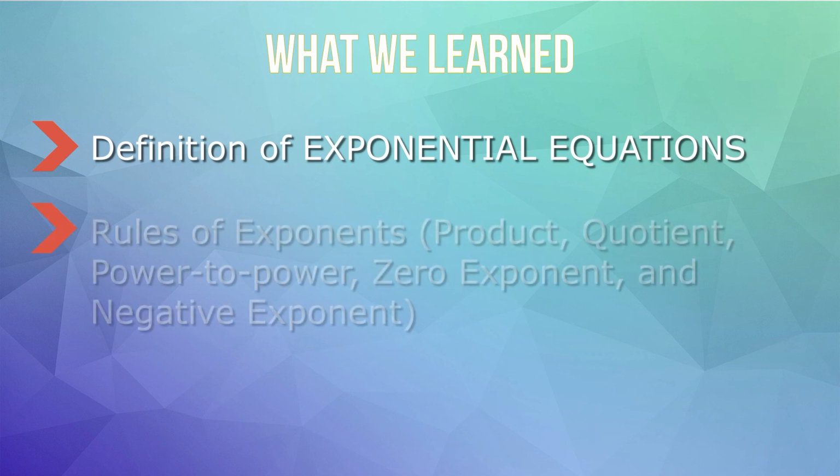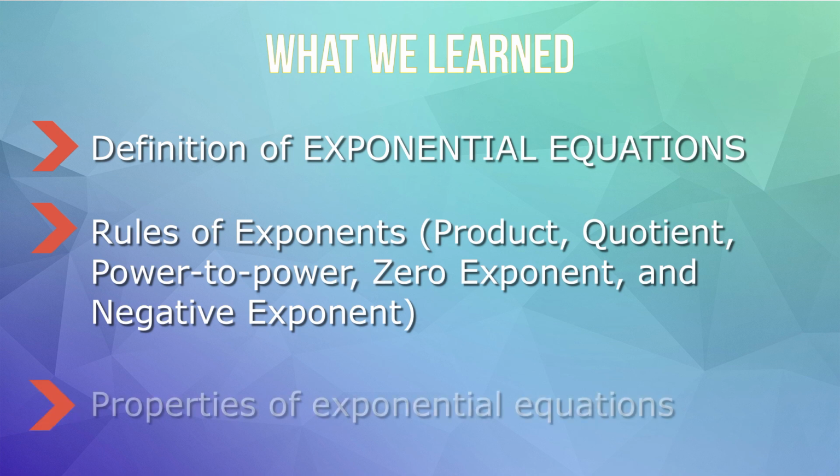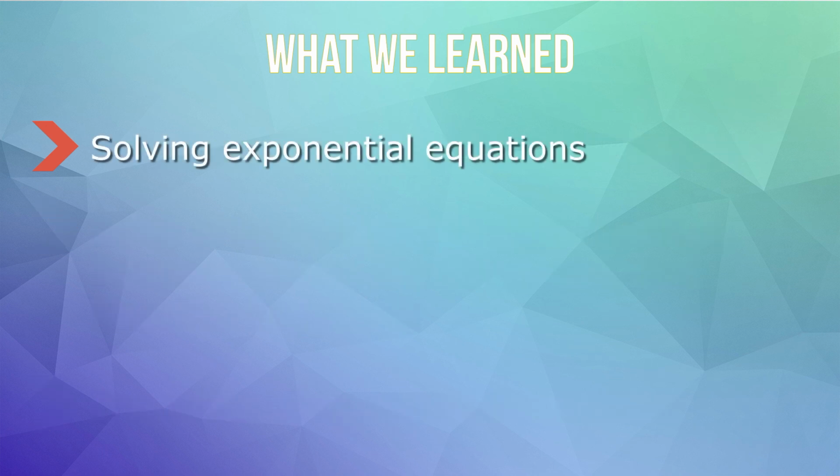Second, we have learned the rules on exponents, which are the product rule, quotient rule, power to power rule, zero exponent rule, and negative exponent rule. Also, we have learned the property of exponential equations. And lastly, we've learned how to solve exponential equations step by step.